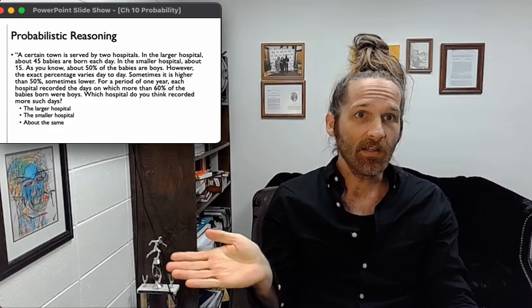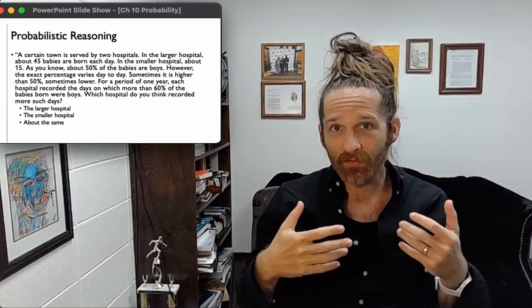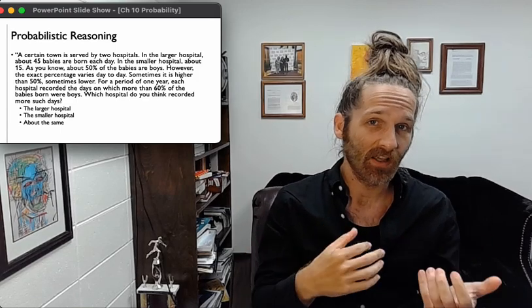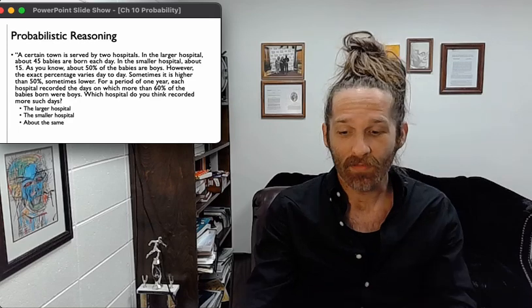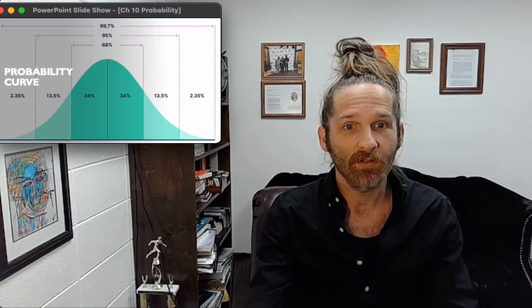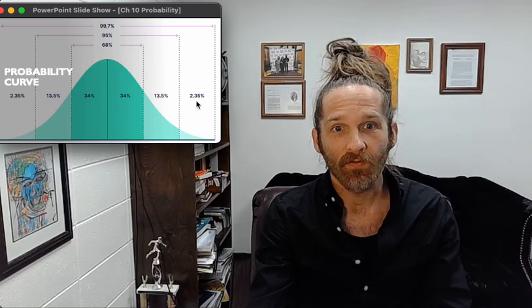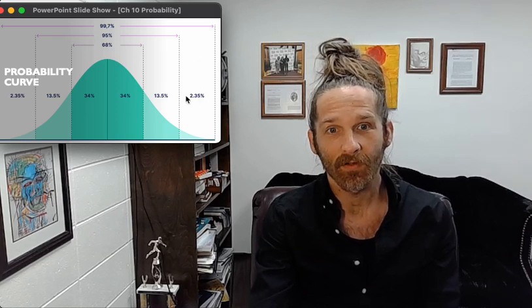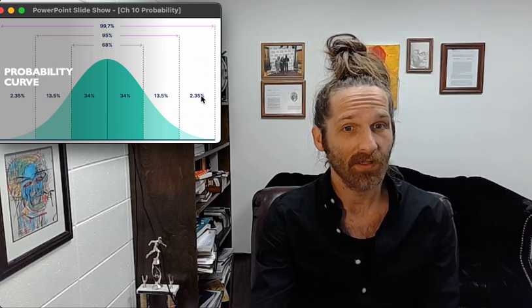Now, over an entire year, because of random chance, some of those days are going to have more boys and some of those days are going to have more girls. And remember, if we look at this normal distribution, about 2.5% are extremely rare occurrences, but they do happen.